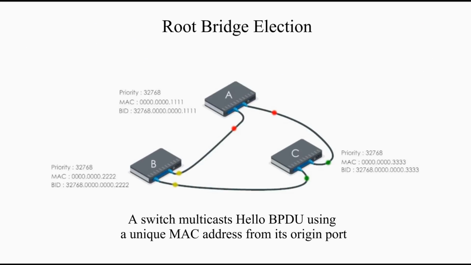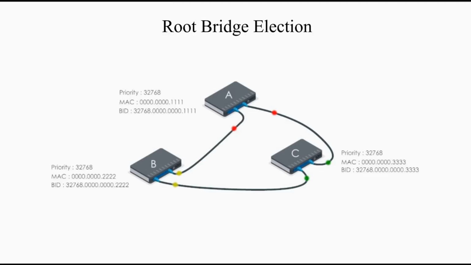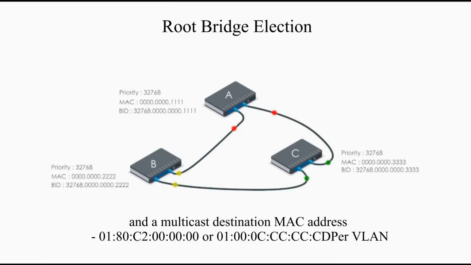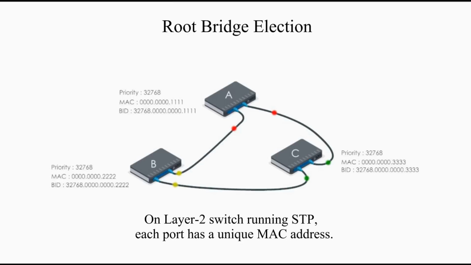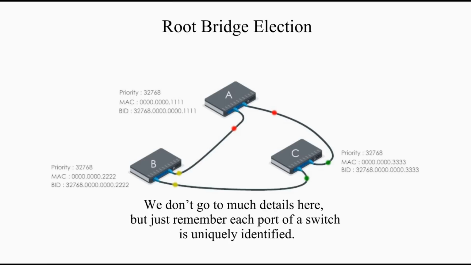A switch multicasts a Hello BPDU using a unique MAC address from the origin port and a multicast destination MAC address. On a layer 2 switch running STP, each port has a unique MAC address. We don't want to go into too much detail here, but just remember, each port of a switch is uniquely identified.